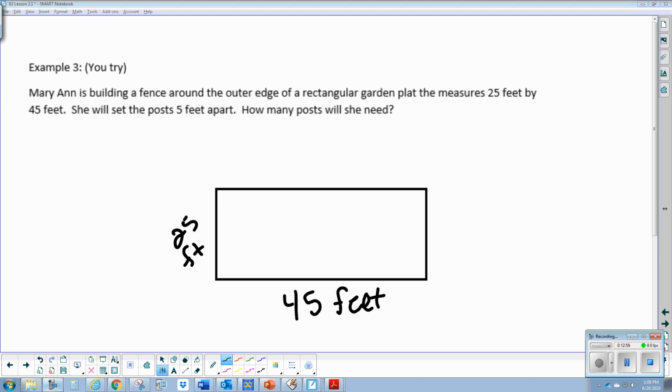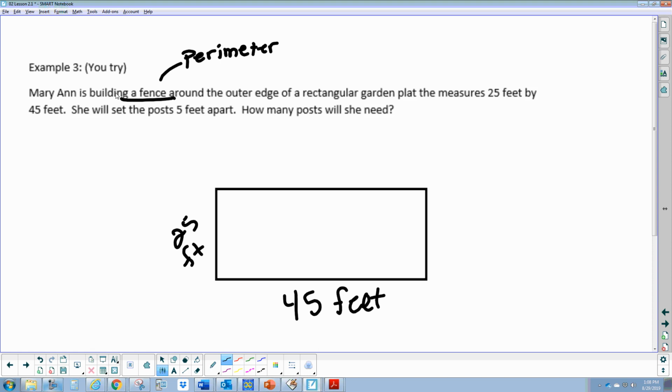All right, we're going to start by drawing a picture, and in this example, we're looking to build a fence. So remember, when you're building a fence, that's perimeter. Okay, you're looking for the distance around this rectangle. So I could draw this picture and I could look at all of the points I'm going to build a fence, right?